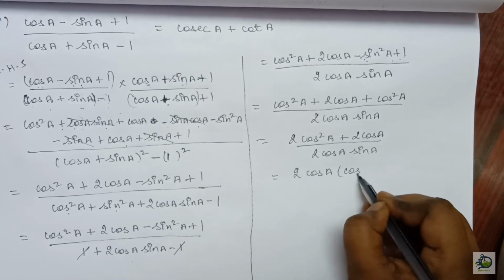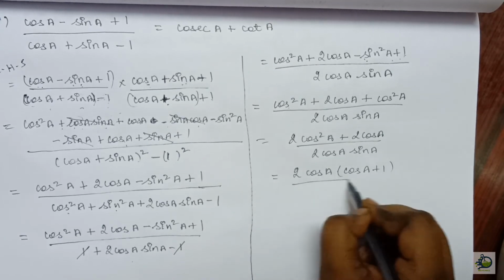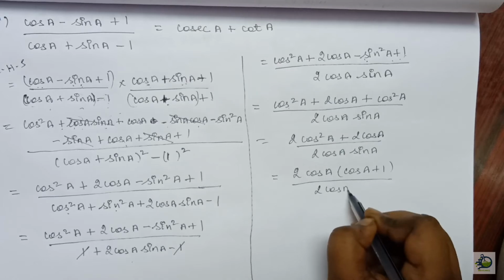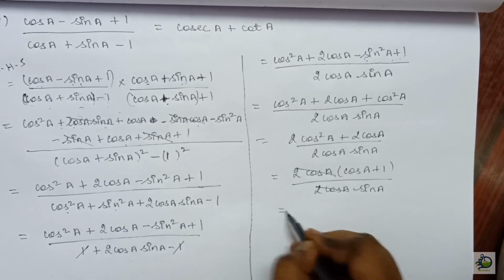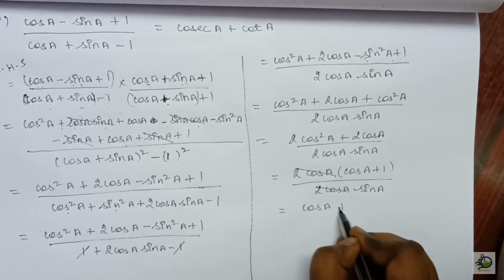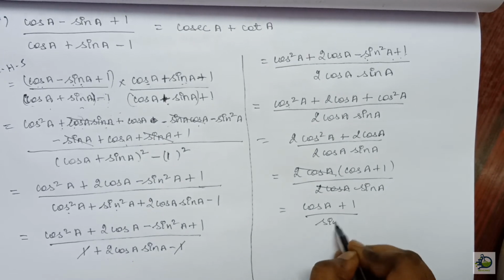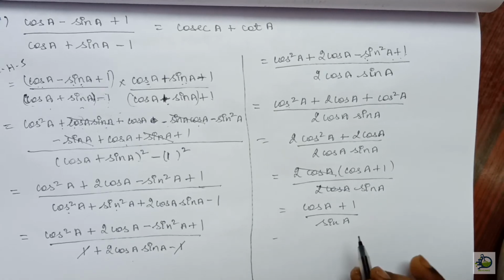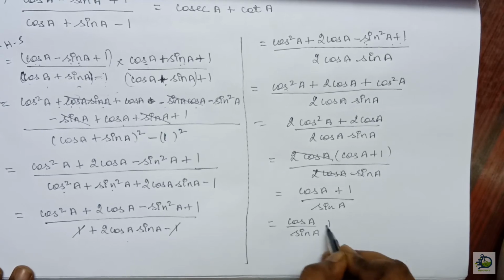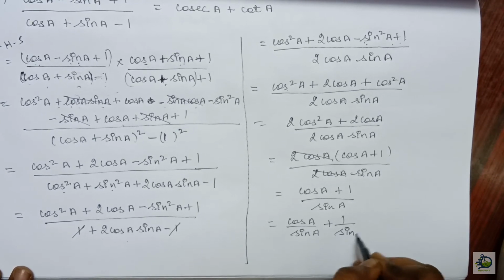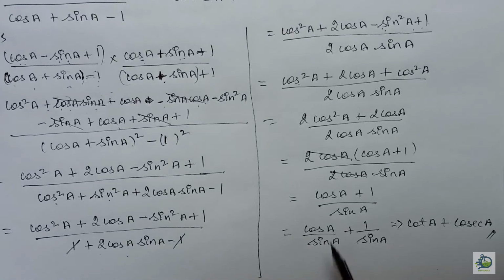So I am left out with cos A plus 1 divided by 2 cos A sin A. Now we can cancel 2 cos A and we are left out with cos A plus 1 divided by sin A. I can write this separately as cos A by sin A plus 1 by sin A. So we know that cos A by sin A can be written as cot A and 1 by sin A can be written as cosecant A, and hence proved.